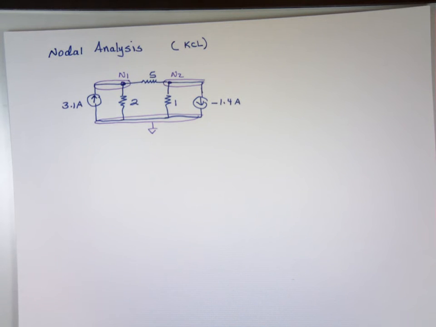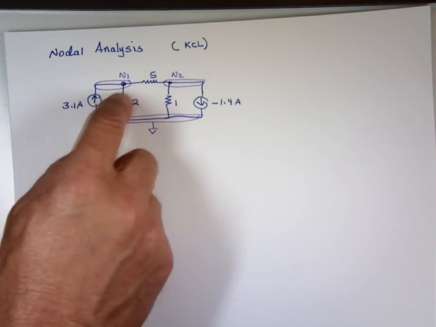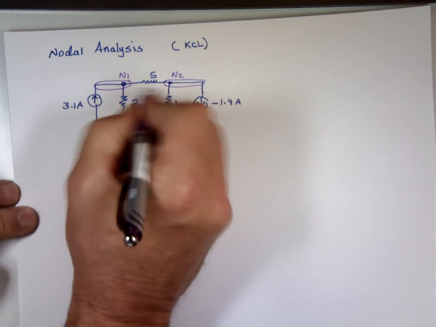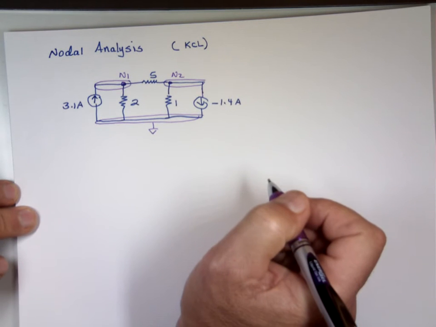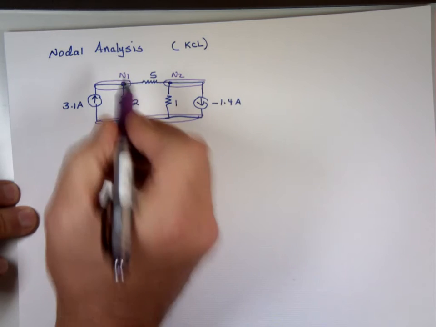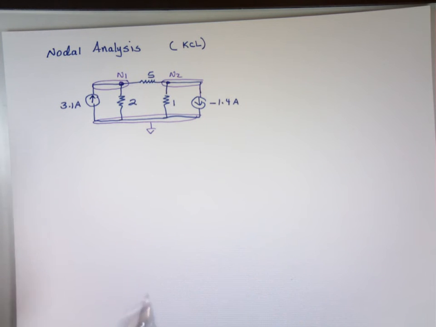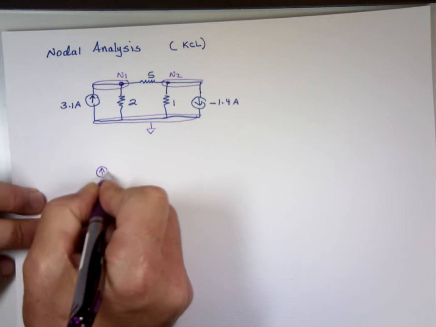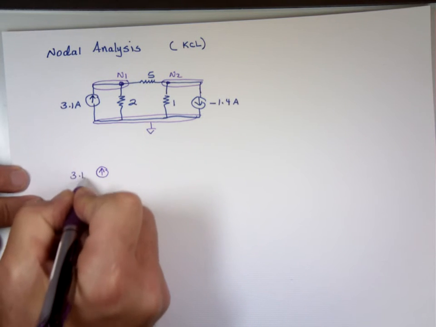We said nodal analysis is really KCL at each node. Now, I got to define currents going in. I'm going to define the current in any direction I want to. So there's 2 nodes. I'm going to label the voltages at each node. So maybe I should draw the circuit one more time. 3.1 amp.